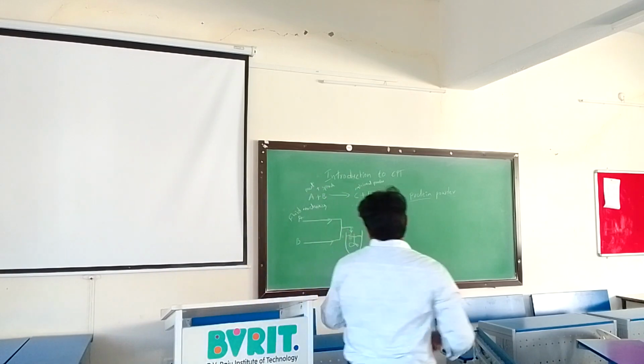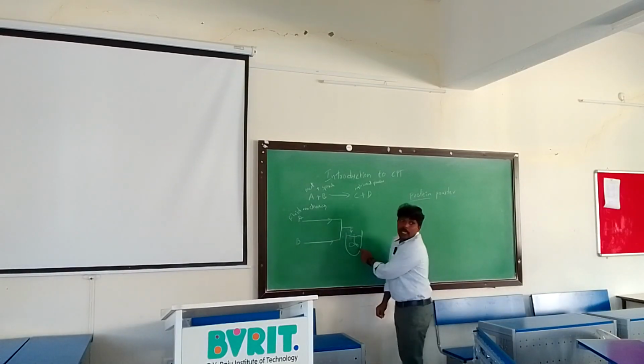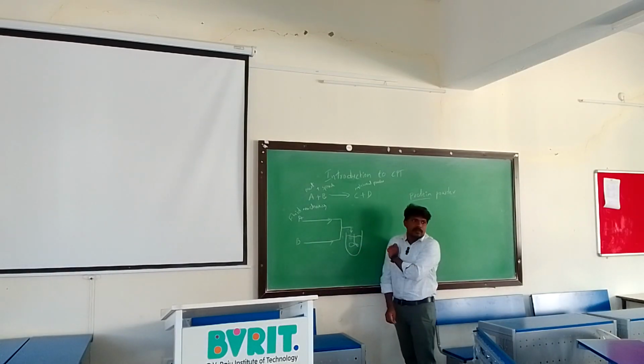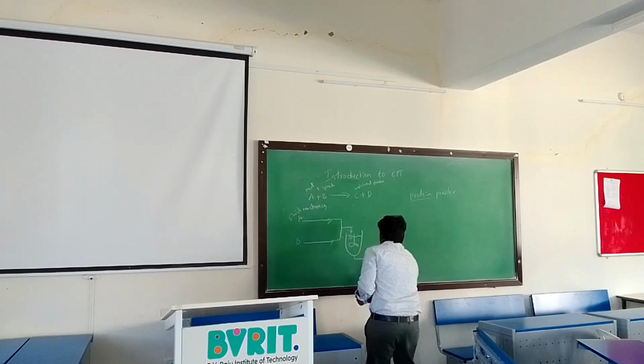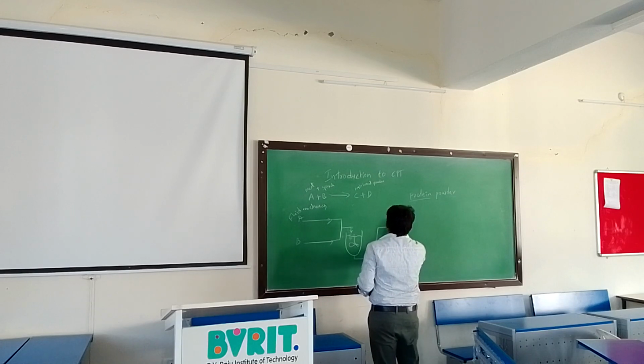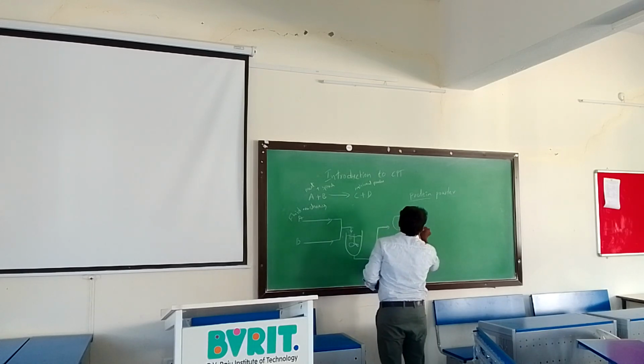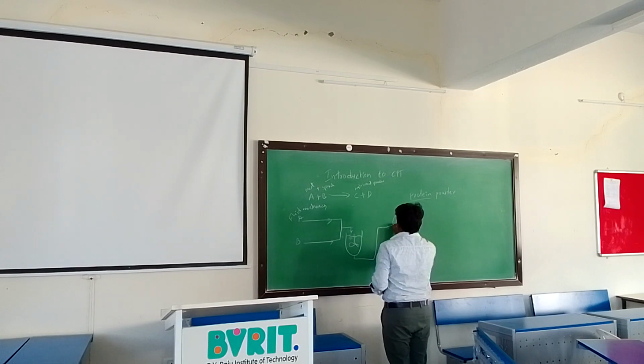Okay. After that, these A and B go into the mixing tank and are properly mixed. After that, this will pass to the reactor. For example, this is a horizontal reactor.